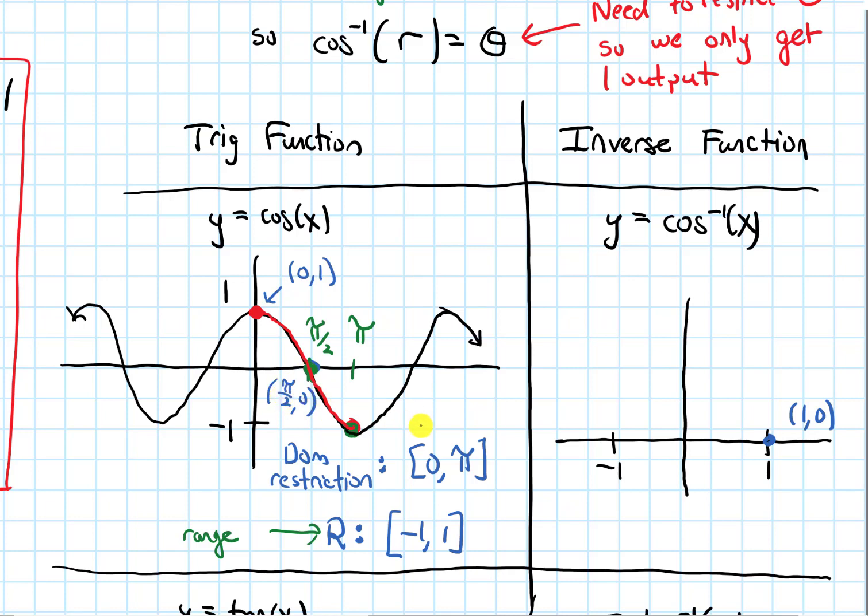So when I switch them, I'll get a point on the inverse function graph. So I need the y-coordinate to be pi/2, and the x-coordinate to be 0. That's somewhere here. And then finally, if I do that for this point, the x-coordinate there is pi, the y-coordinate there is -1, and I'll switch them when I get to the inverse function graph. The x-coordinate is going to be -1, the y-coordinate is going to be pi. I'll get a point here.